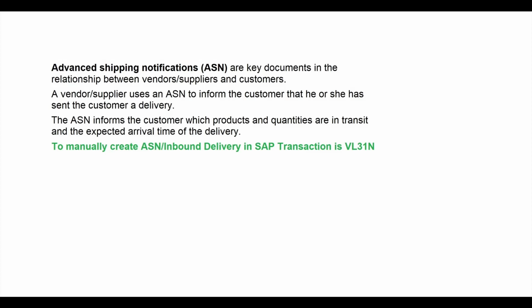So ASN will have information like when the delivery is going to come, at what time, and other notes, whether you need any equipment or resources to unload the delivery at your premises. To create the inbound delivery in SAP, we can go to VL31N, where we give the purchase order, the vendor, and the delivery date when it is going to come.